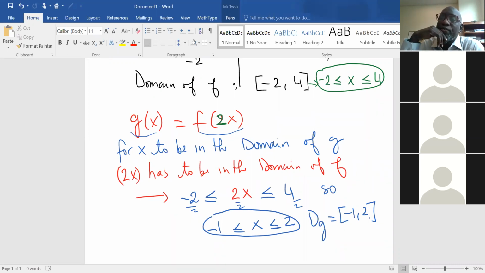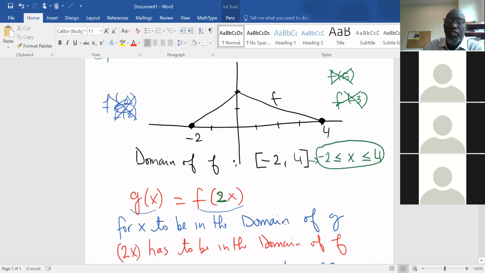You see, what happens here is when you multiply by a big number inside with the x, your domain shrinks, your domain becomes smaller, right? Which makes sense because it gives less freedom to x. So the domain of g, instead of -2 to 4, is only -1 to 2.